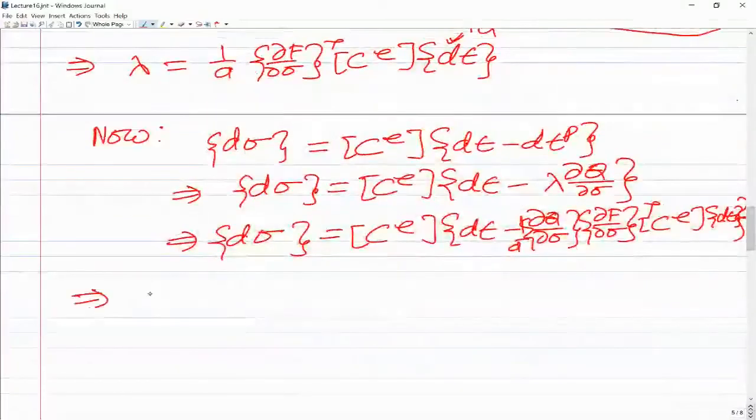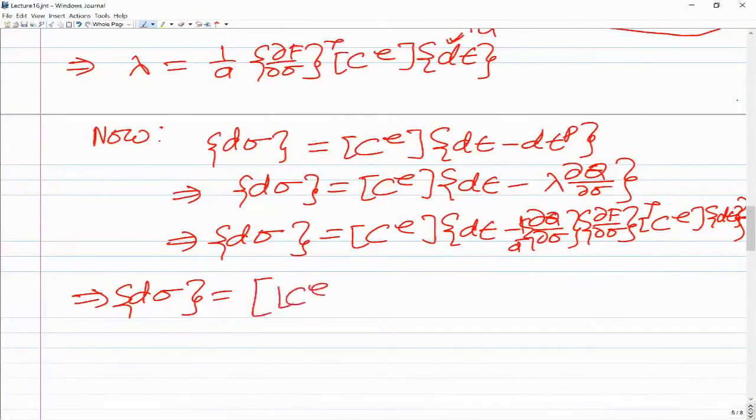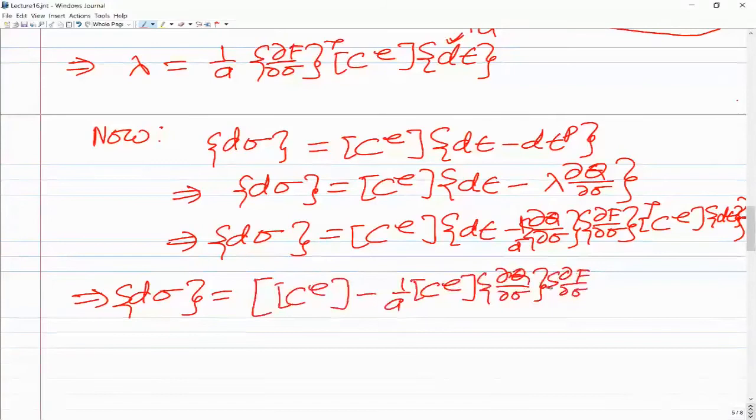So this is what we have got. Now you can see that if we take d epsilon common and take everything inside, we can write d sigma as matrix Ce, if you take the C inside and d epsilon common on the right hand side, then we have C minus 1 upon A, then C multiplied by del q by del sigma into del f by del sigma transpose, and then C again, then the bracket closes, and then d of epsilon.